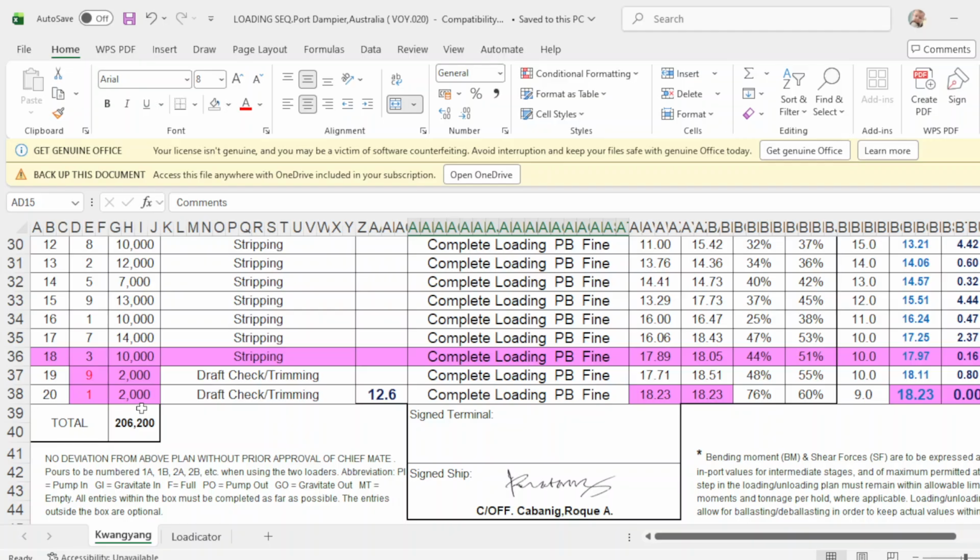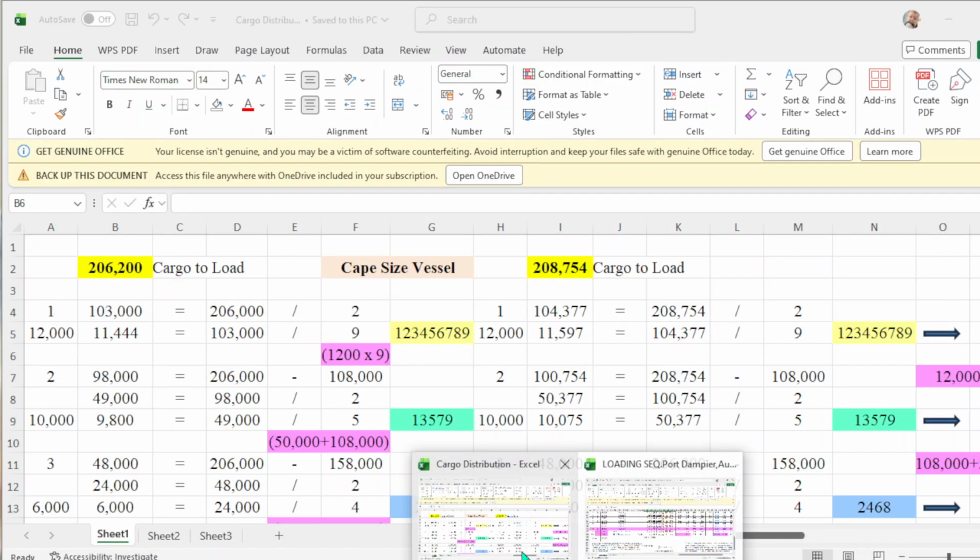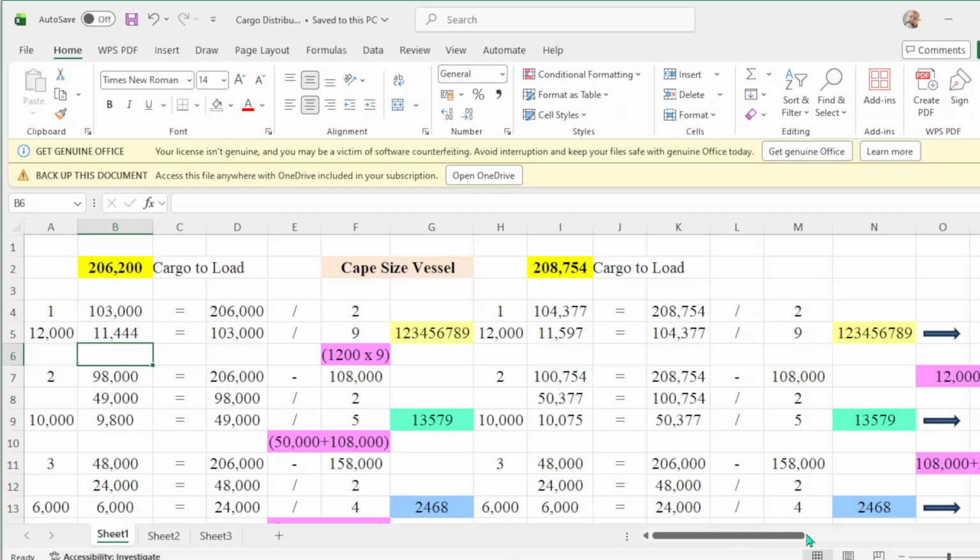The amount of cargo for trimming is 4,000. Okay, so let's go with what I have. This is just an example of how to load the loadicator. But anyway, you can make your own, I'll just give you an idea.